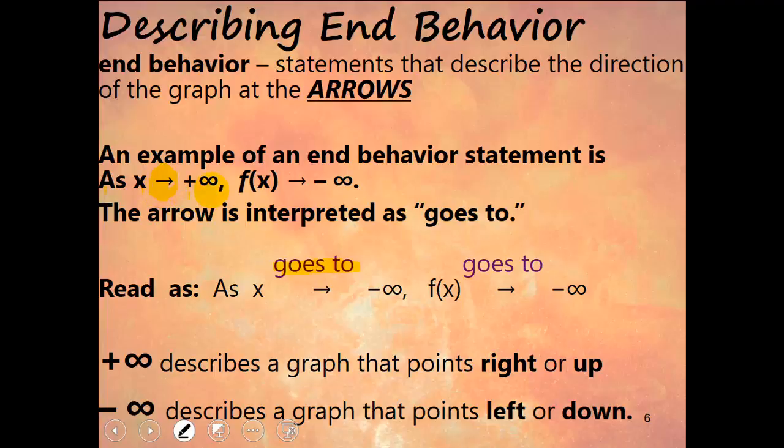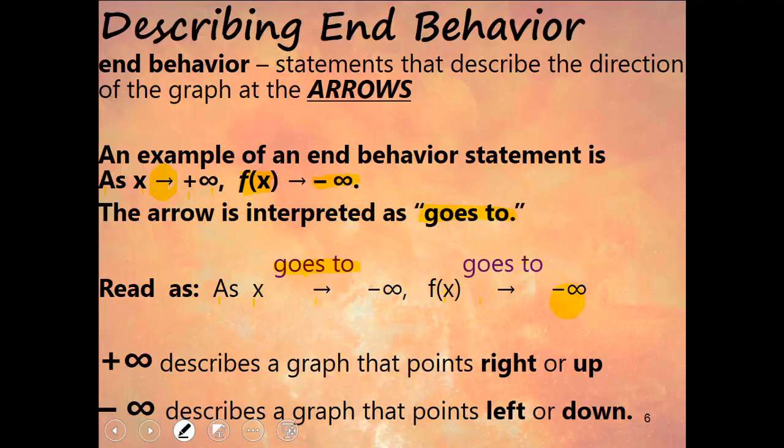So as you go out towards positive infinity, f of x, the y value, is going to be going in some direction. In this case, it would be negative infinity. So remember that the arrow is interpreted as goes to, and so it's read as x goes to negative infinity, f of x goes to negative infinity.